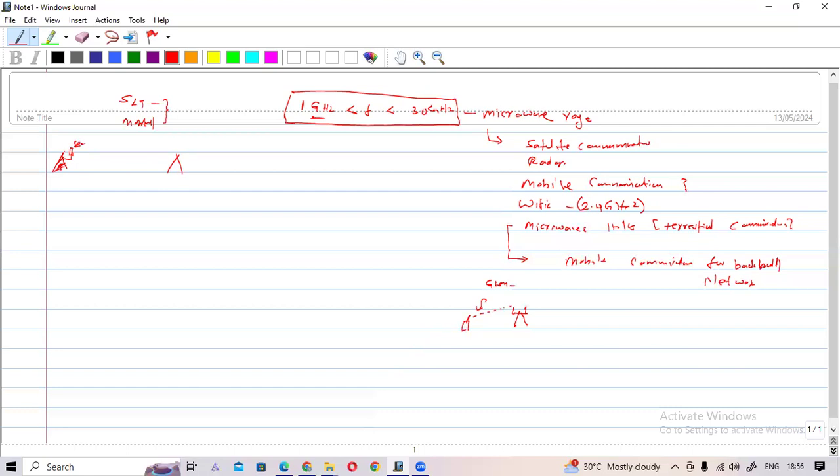So these towers are used for the microwave link also. Here you have to put the microwave dish.